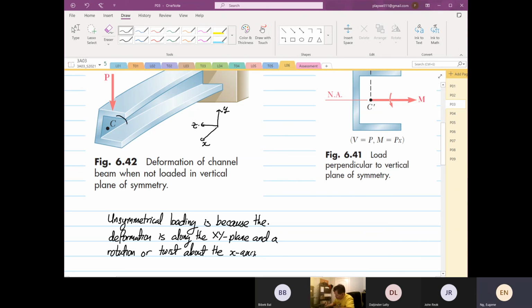So you will see that the structure will want to rotate. We can call it rotate, or you can call it a twist, okay?